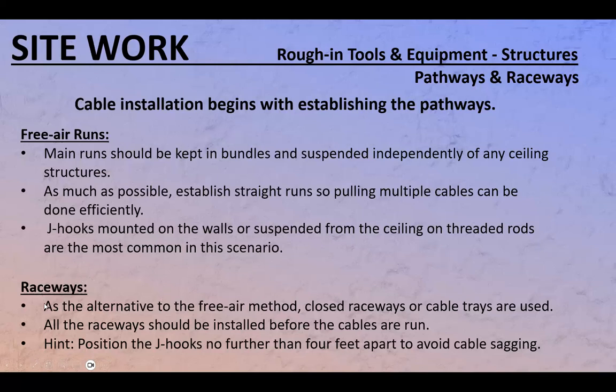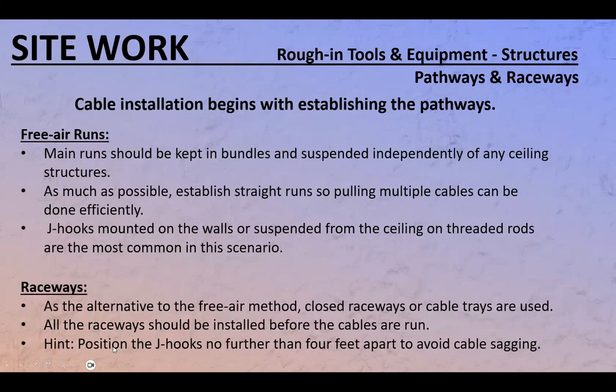Raceways, well, pipes or otherwise raceways, cable trays, enclosed trays, and so on. As an alternative to the free air method, closed raceways or cable trays are used. All the raceways should be installed before the cables are run. You're not going to just pull the cable, install a couple more feet of raceway, pull the cable again. It's just not going to work. So all the raceways should be established.